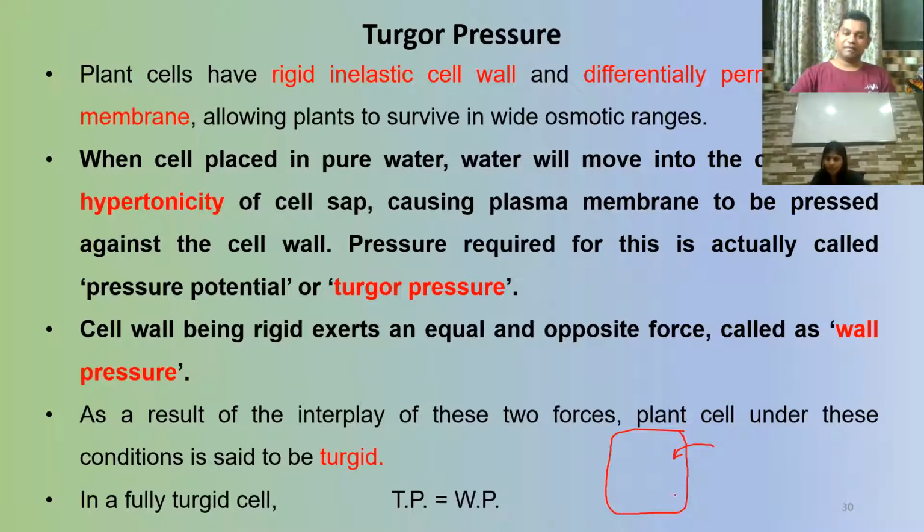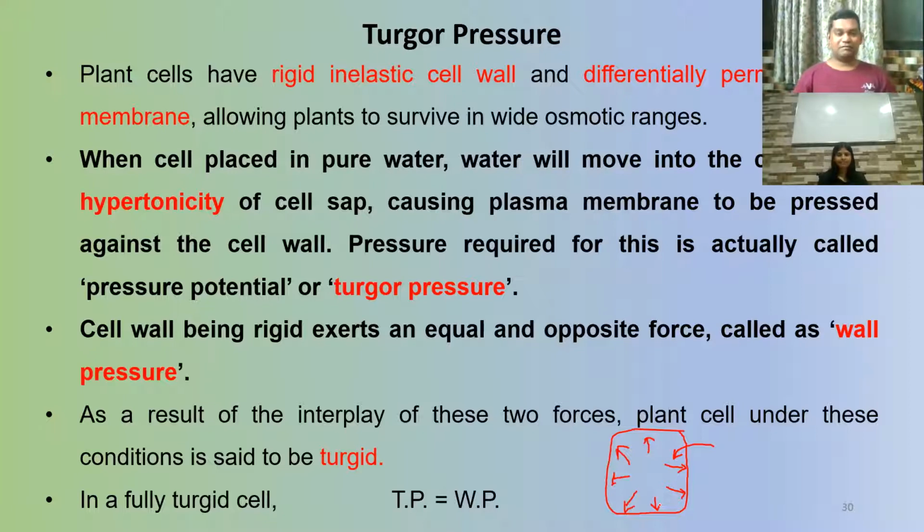So, inside the plant cell, there is something called protoplasm. It is the cell with the plasma membrane. So all the contents of the plant cell are exerting a pressure on the walls of the cells. Cytoplasm, the dissolved compositions, everything, exerting pressure on the wall of the cell from inside.